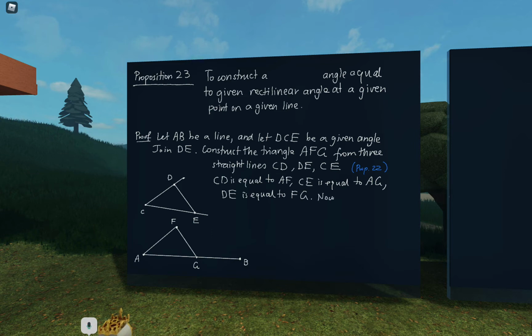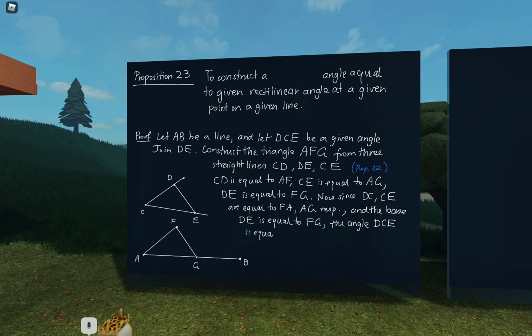Now, since DC, CE are equal to FA, AG, respectively, and the base DE is equal to FG, the angle DCE is equal to FAG.